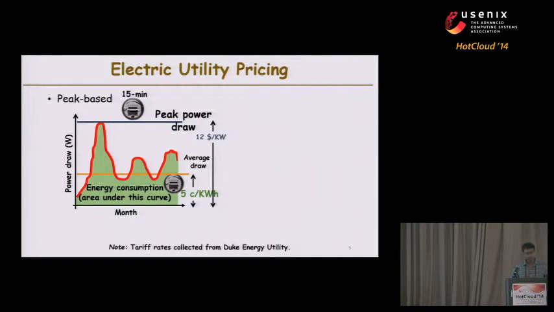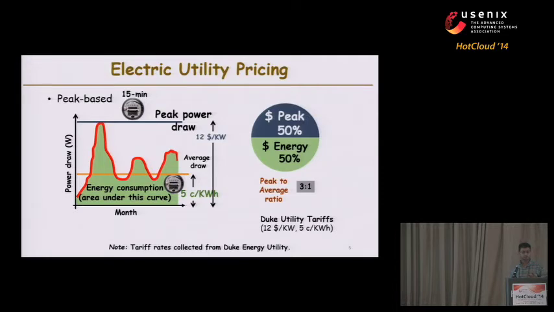So what is the impact of that? As I said, if you have a high peak for the same raw energy consumption, compared to someone else, you will pay a higher electricity bill. To understand the magnitude of that, take the pricing parameters that I described, 5 cents per kilowatt hour for the energy charge and $12 per kilowatt for the peak power charge, which are simplified parameters derived from Duke Utility Company.